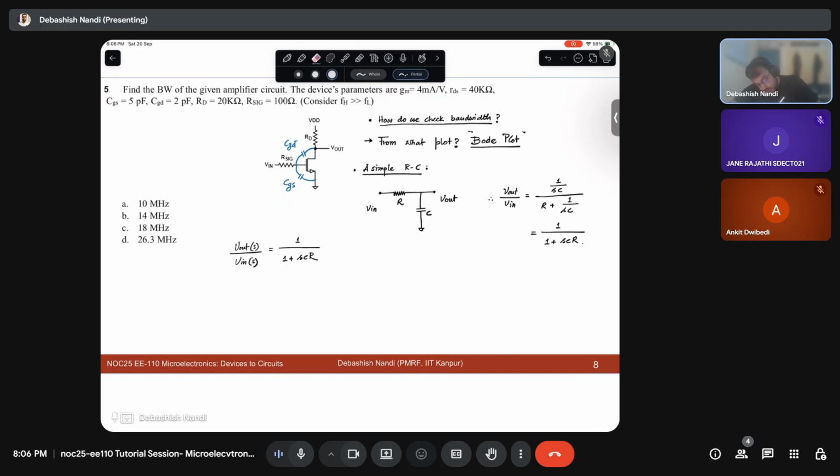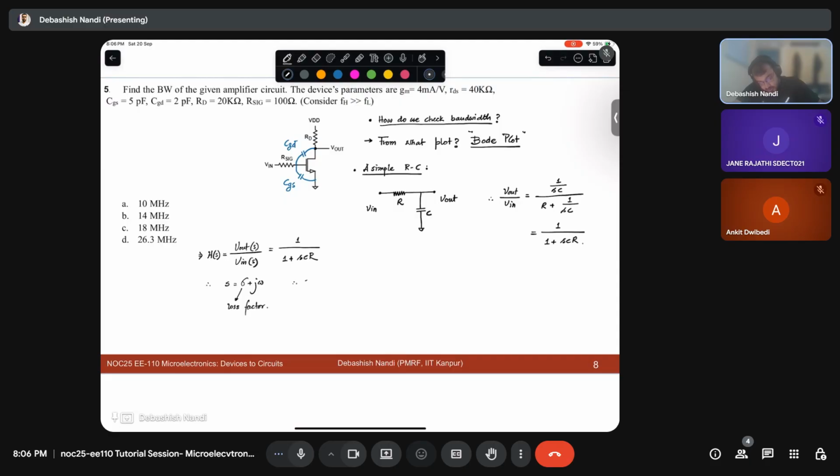So let's call it H of S, or the general terminology of transfer function. So what is S? Sigma plus j omega. This is the loss factor.